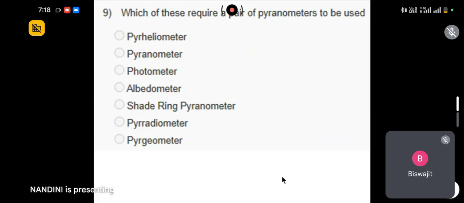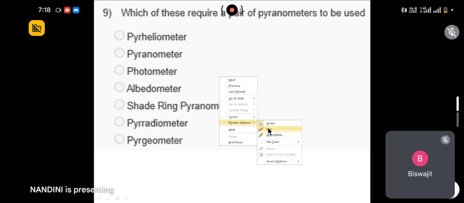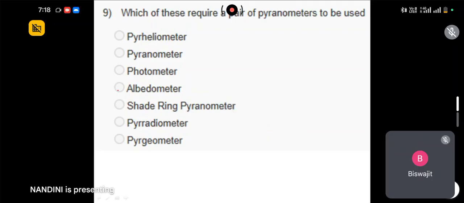The albedo meter requires a set of pyranometers because you need to know how much is incoming to measure the albedo. It gives you the albedo of a particular surface. In order to find how much is being reflected back, we should know how much is coming. So to find the incoming solar radiation flux, we use the pyranometer. So the answer is albedo.